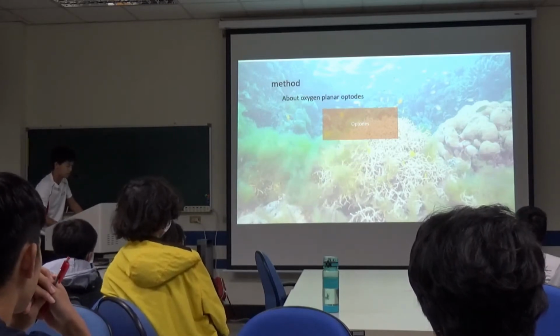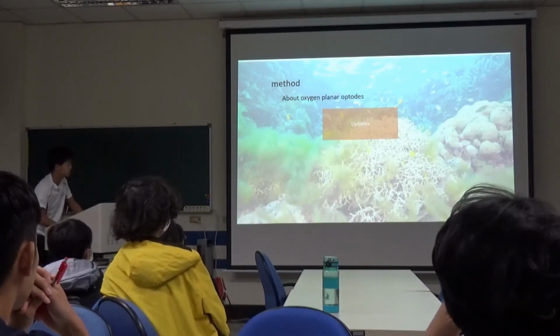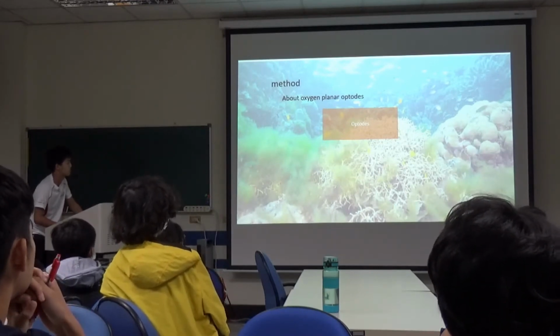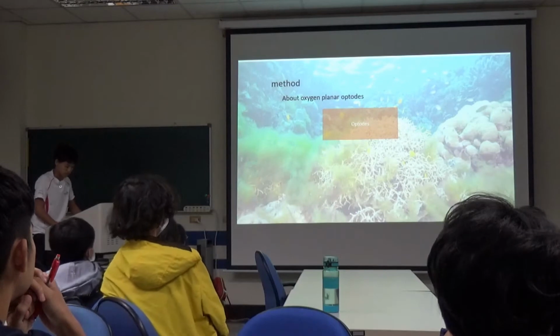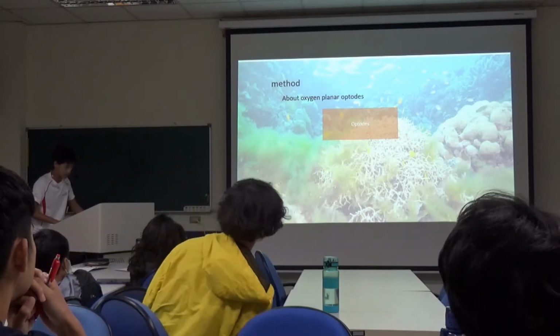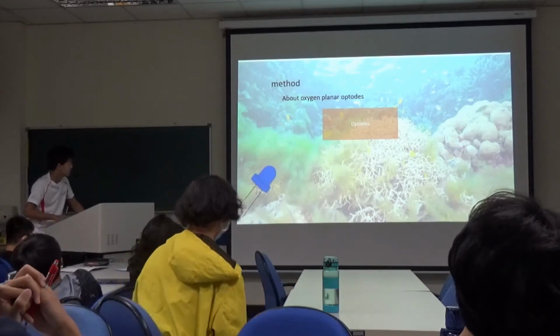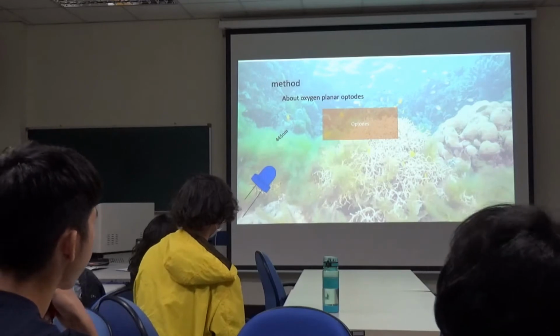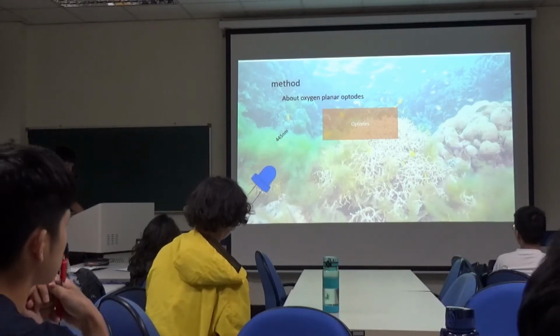Let's talk about the planar optode. This is a new technology to observe oxygen concentration. So we need an optode sheet and an LED light. Its lambda peak is at 445 nanometers.